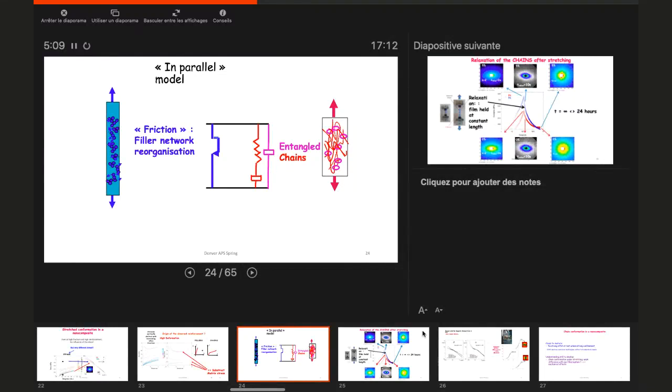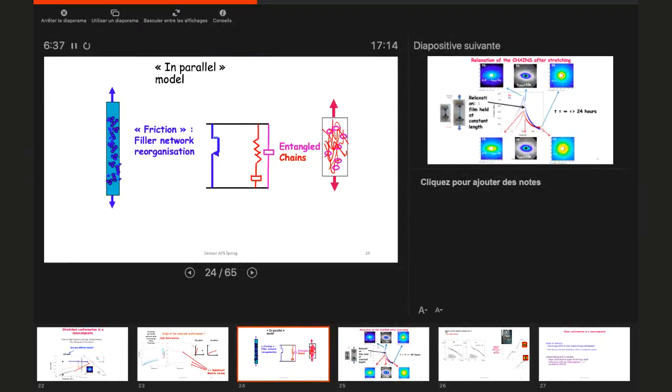Yes, it's a classical Maxwell element. What is added is the friction contribution due to the fillers. But in principle, the part on the right here would be the same whatever the filler concentration. Yes, okay.